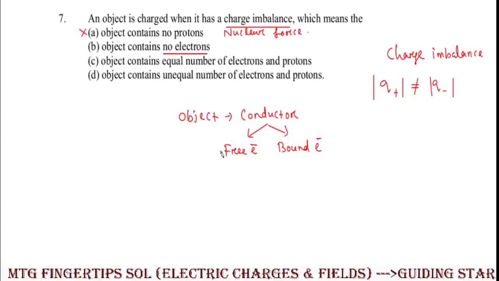Clear? What are free electrons? Free electrons are those electrons present in the outermost orbit. And bound electrons are the innermost electrons.